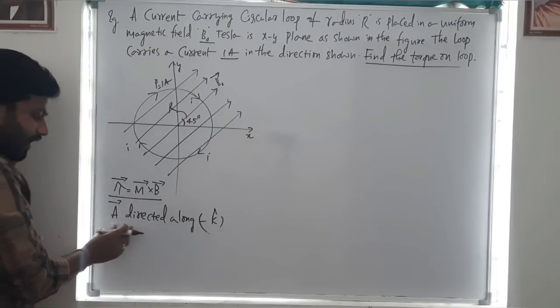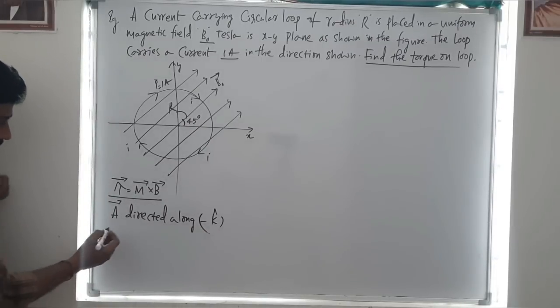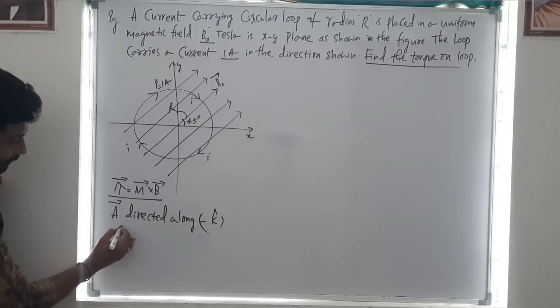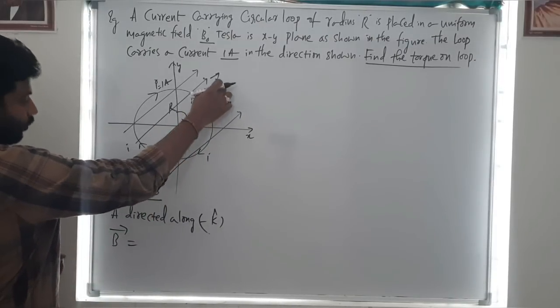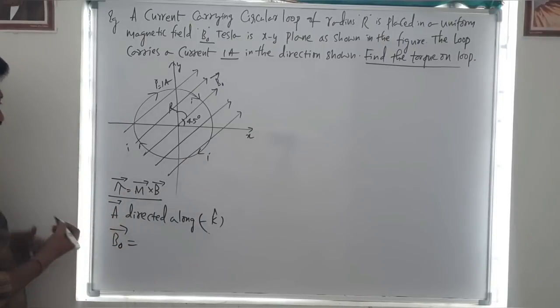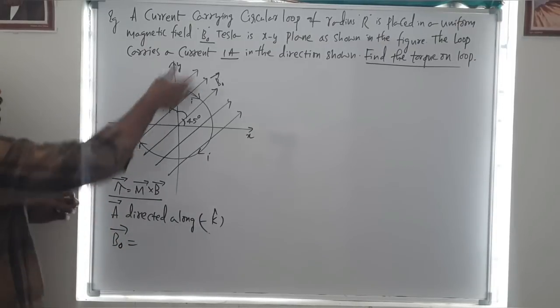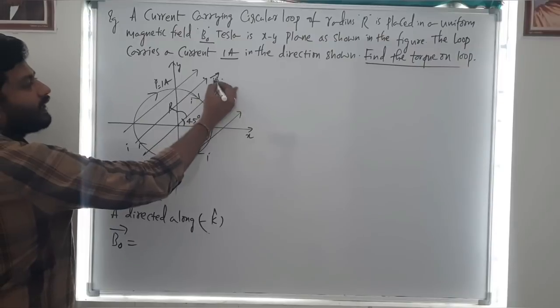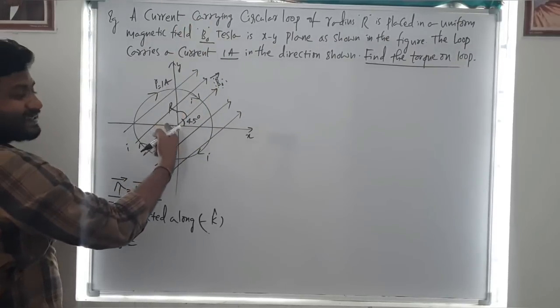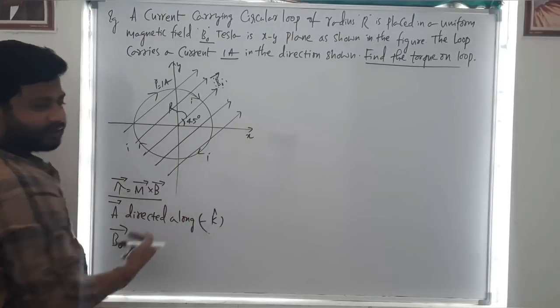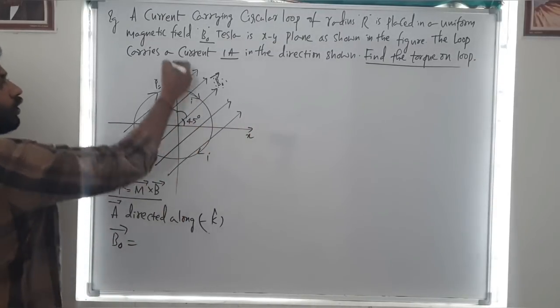Okay, so now the area vector is directed along minus k cap, and let me write B bar in the vector form. This is B naught, they told, right? So B naught bar is equal to, the magnitude of this magnetic field is B naught. This B naught bar can be resolved into two components, along the x-axis and along the y-axis.